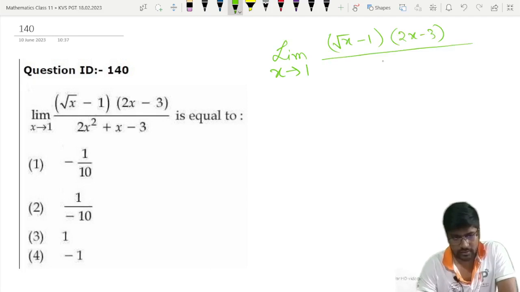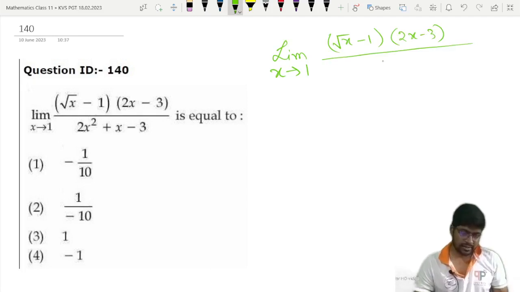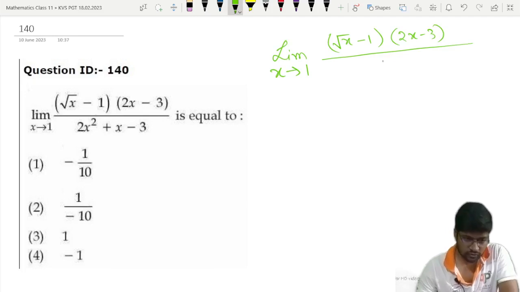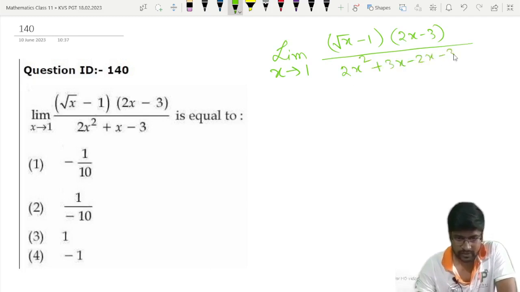Is it possible to factorize it? 3 times 2 is 6, so 3 minus 2. So I will write 2x square plus 3x minus 2x minus 3.